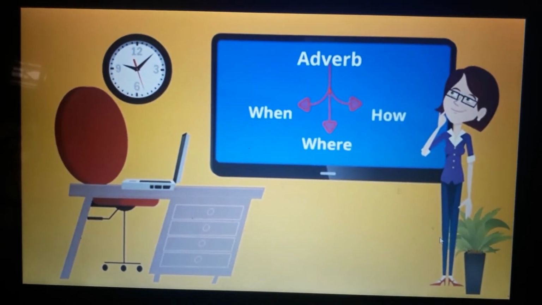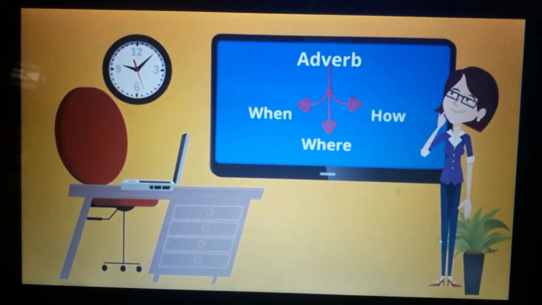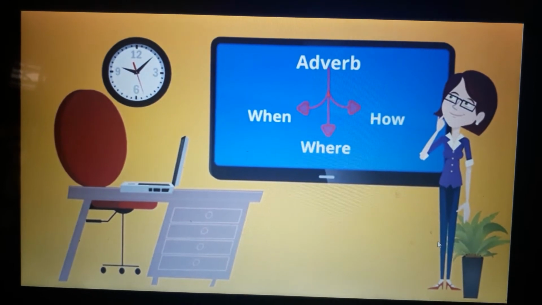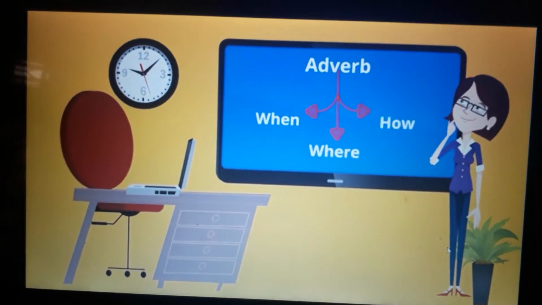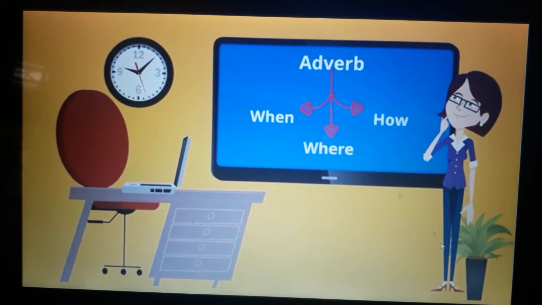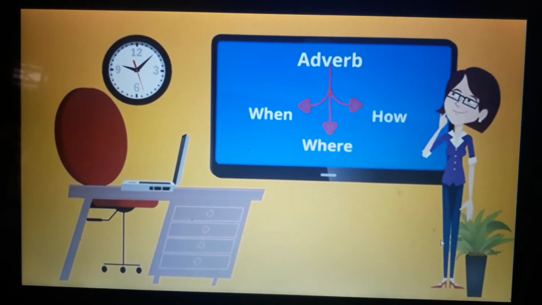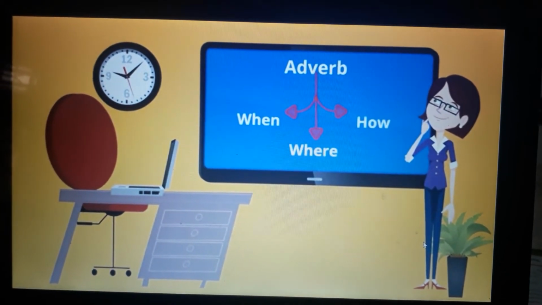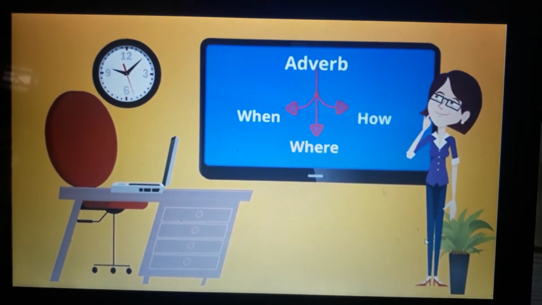Let's move towards the degrees of comparison. If you remember, we have already studied this in adjectives in class 3, that we have 3 degrees of comparison: the positive degree, comparative degree, and superlative degree.